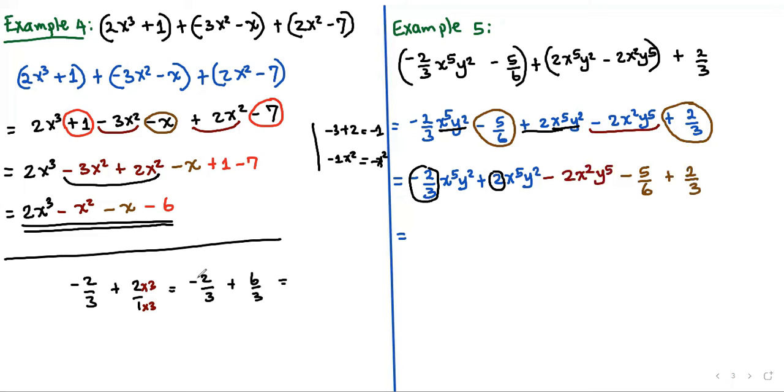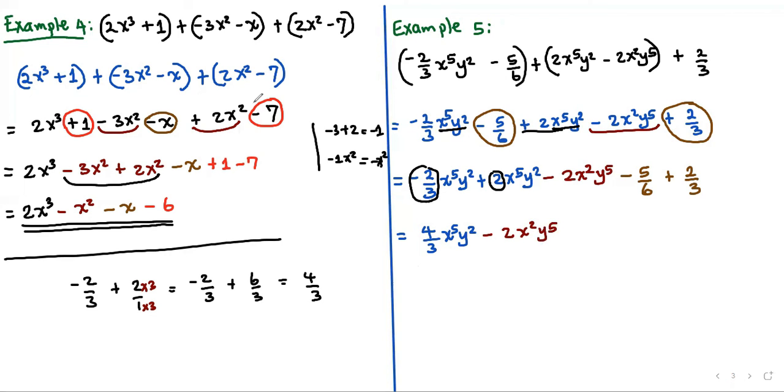So get negative 2 plus 6, that will be 4 out of 3. So this means that here we are having 4 out of 3, x to the power of 5, y squared. Okay. And then next, we have this one, that is minus 2x squared, y to the power of 5.